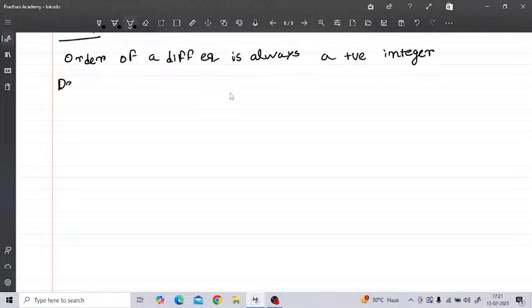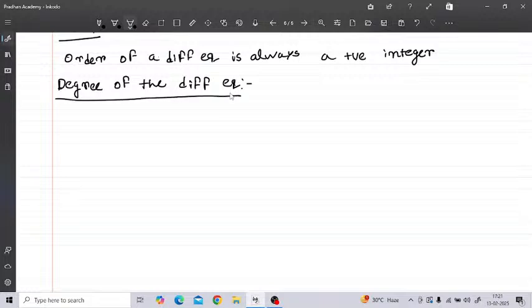Okay, so the degree of the differential equation. The degree of a differential equation is defined by the power of highest order derivative.